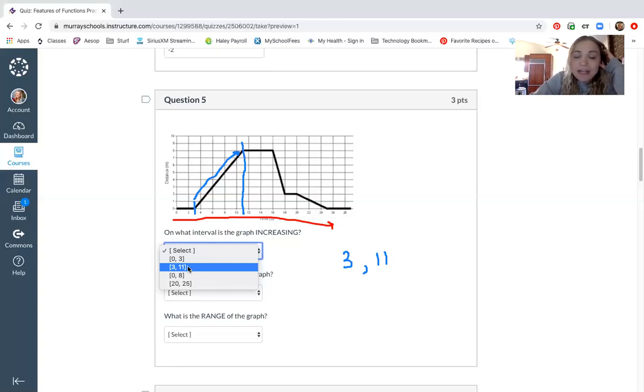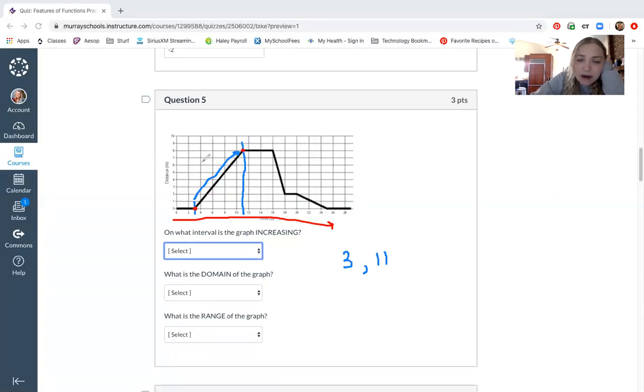Now there's another one that might have been tempting to click. Some of you might have been tempted to click 0 to 8. That is a very common mistake. So why would someone think that it goes from 0 to 8? Well, let's look at this. Do you see how this spot where it starts is down here at the bottom? That spot is technically 0 spaces up, and this spot is technically 8 spaces up.